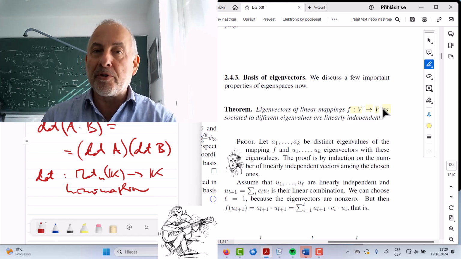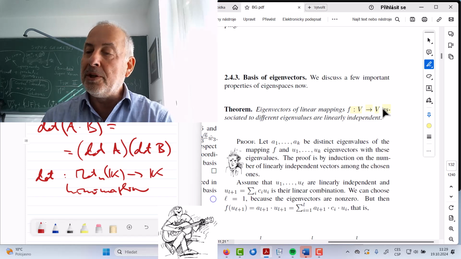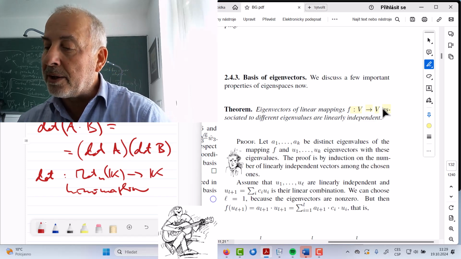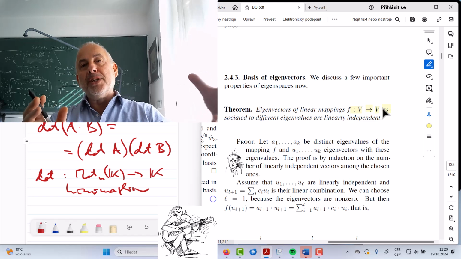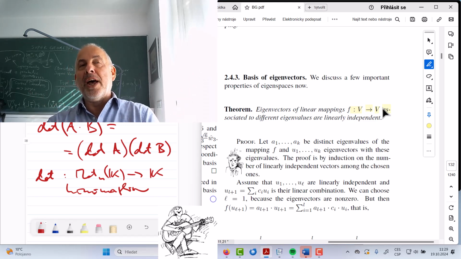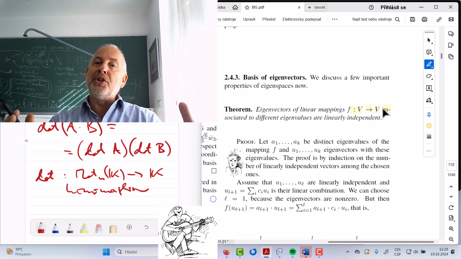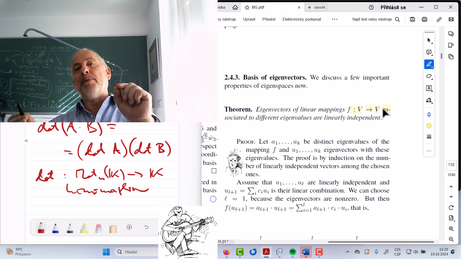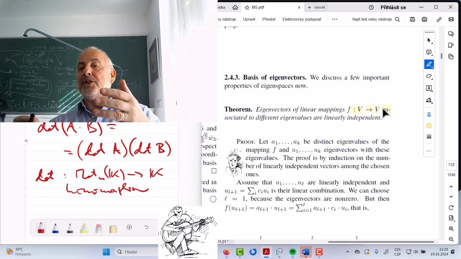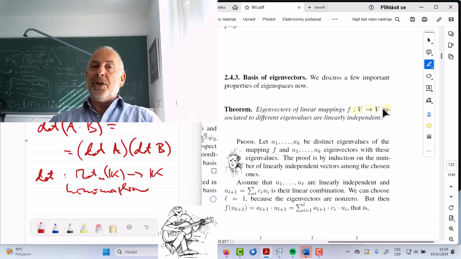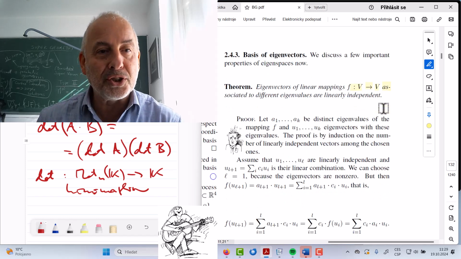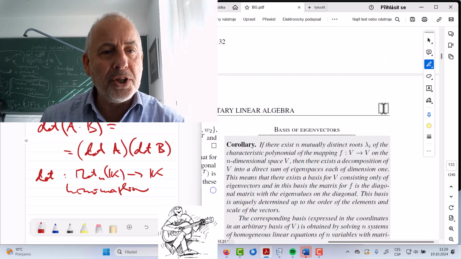They will be all different, and if they are at the same time real, then you are done, because you have a basis of eigenvectors, and having a basis of eigenvectors is the same thing as having a basis where the matrix of the mapping is diagonal, and that's the nice case C in our beginning, where we believe that we know exactly what the mapping is doing. Very nice, right? So that's here.